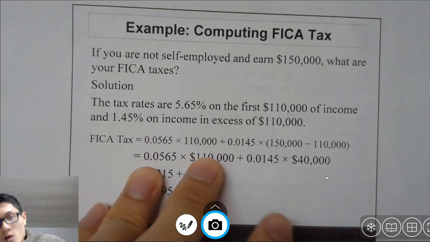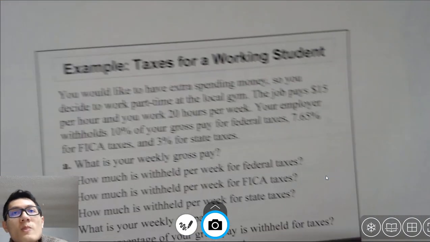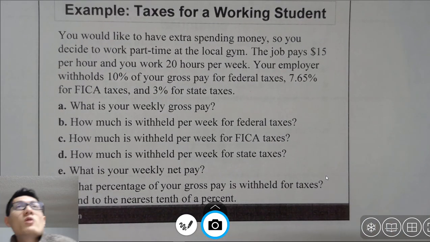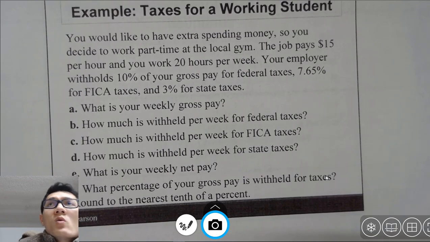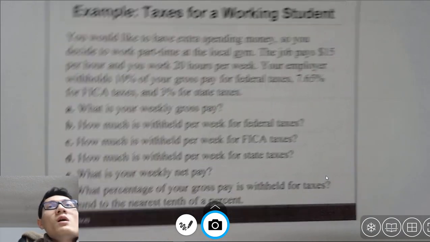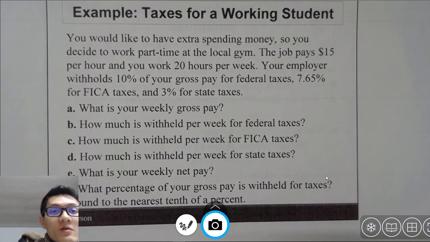Okay, so that is another application. All right, we have one last objective for this section, which is the examples for the taxes for working students. All right, this is a good example for the students to know.